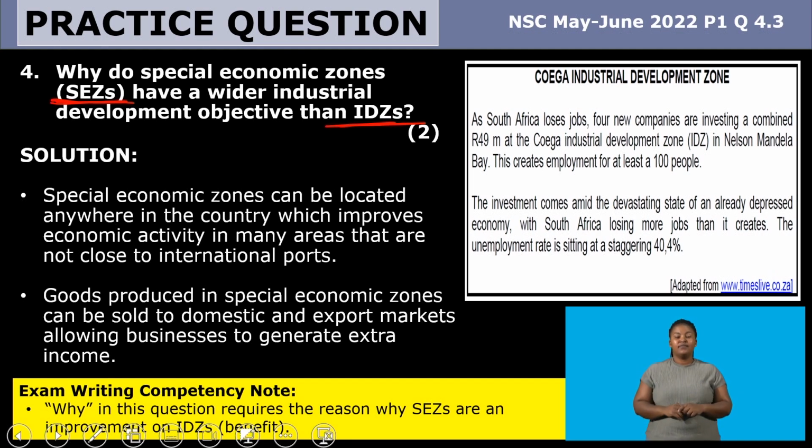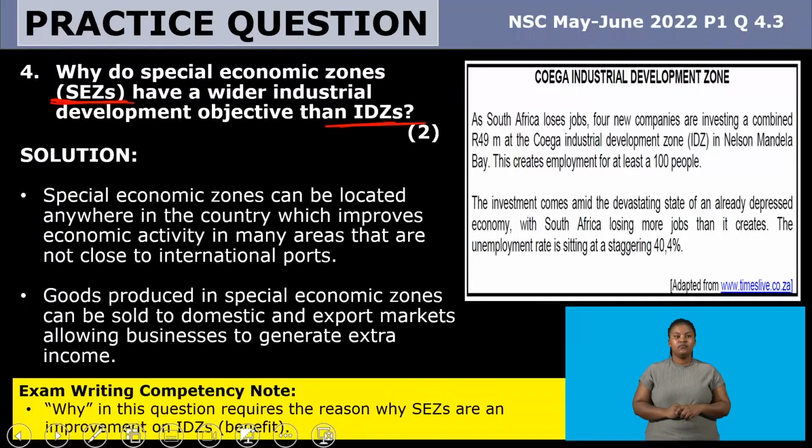So it says here, special economic zones can be located anywhere in the country, which improves economic activity in many areas that are not close to international airports. Remember, IDZs are limited, in terms of geographical location, to major international transport nodes, national transport nodes. But the special economic zones can be located anywhere across the country. So that actually improves economic development in a wider range of areas within the country.